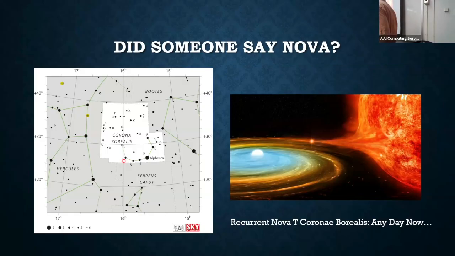So we don't know, but if it were to go off for a short amount of time, you would be able to see a star where you can't see one now. So if you look at this little crown shape, there's 1, 2, 3, 4, 5, 6, 7 stars in it. That's the brightest one. Next to the second star in, there would be another star that you could expect, the T Corona Borealis having gone off.